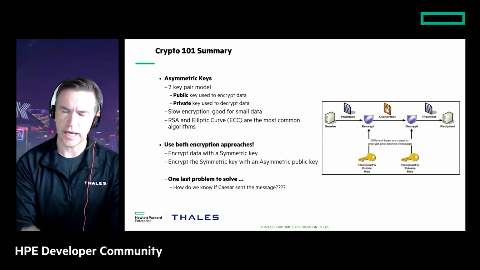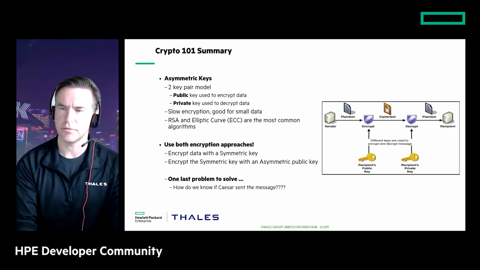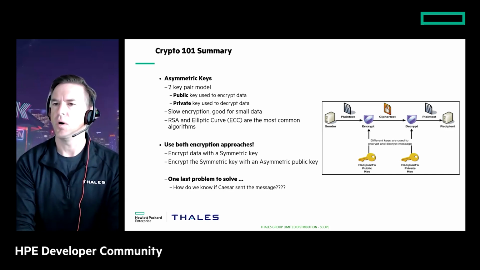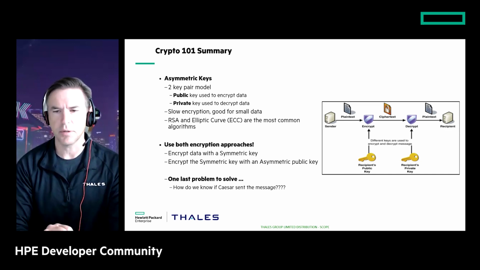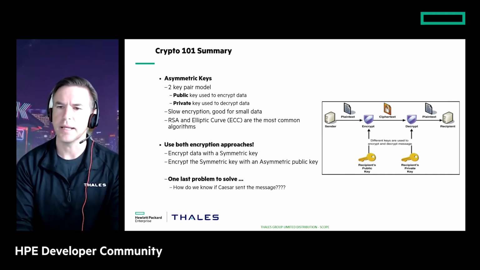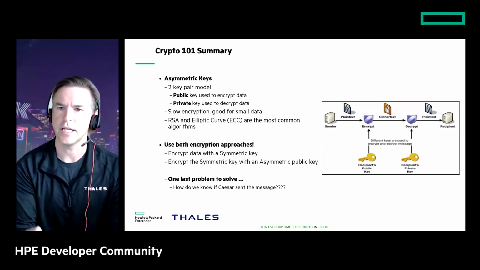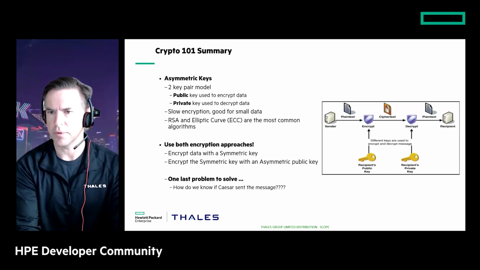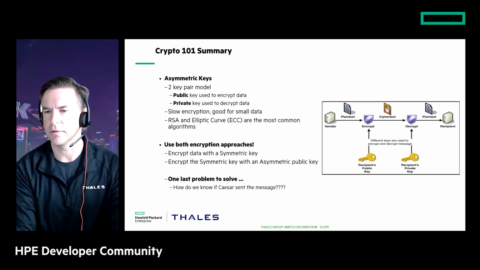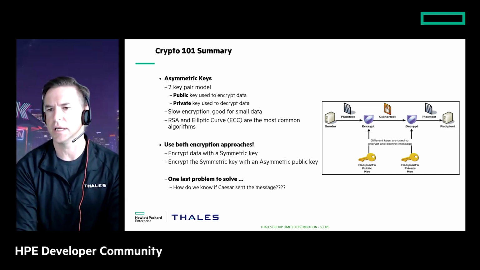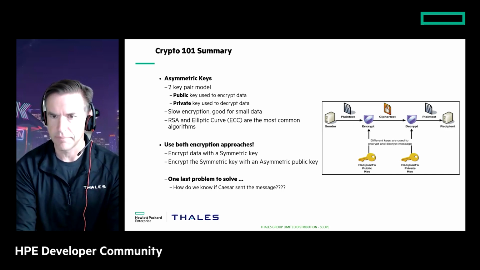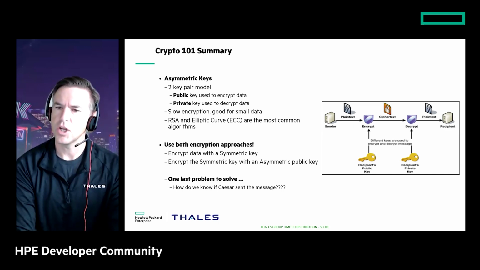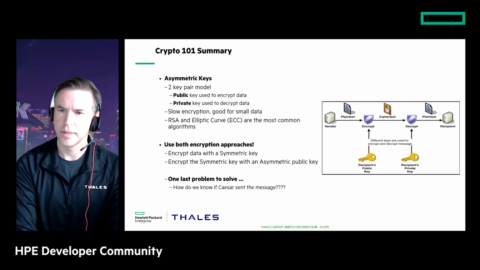So there's a lot you can do with these key pairs, right? Everybody has their key pair. Only the recipient can actually decrypt the message, but anybody can send a message, and you know it was encrypted properly because only you have the private key to decrypt the message and make sense of it. You don't necessarily know who it's from, though.